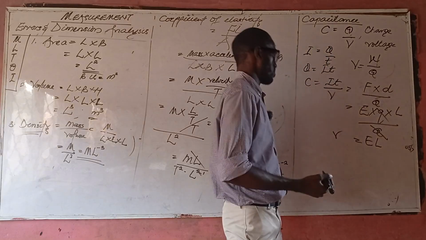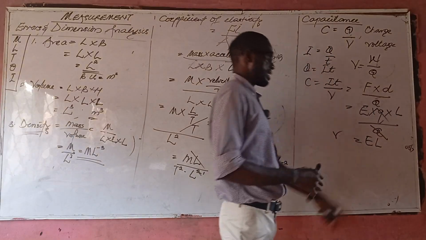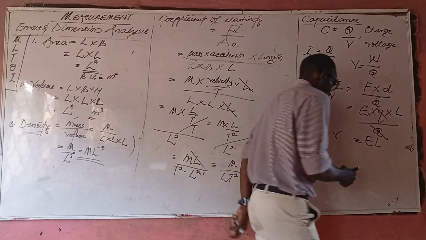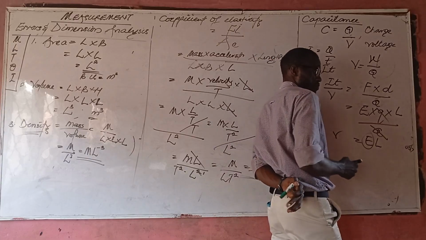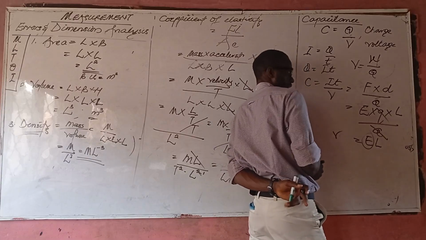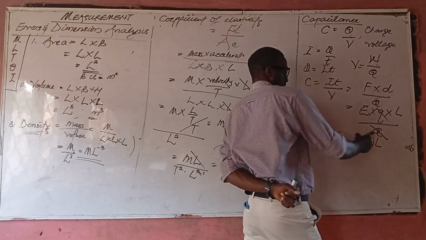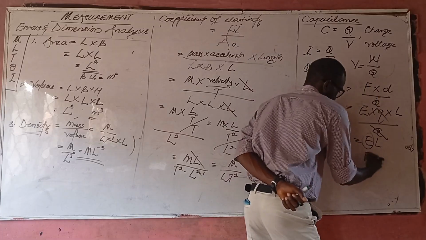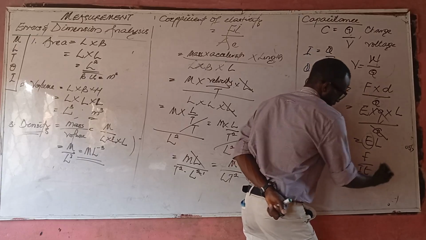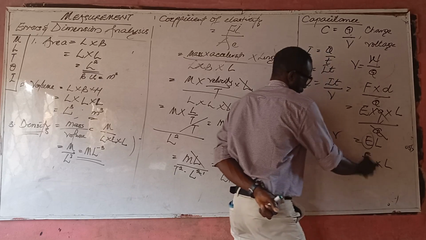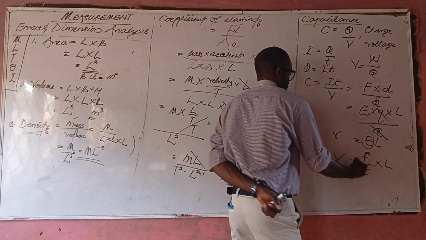R is radius, but L in this case. So for E, we need a basic unit, and I don't think there is any basic unit except we bring it back to F per Q, or F per I T. You agree now, right? So V is equal to this.